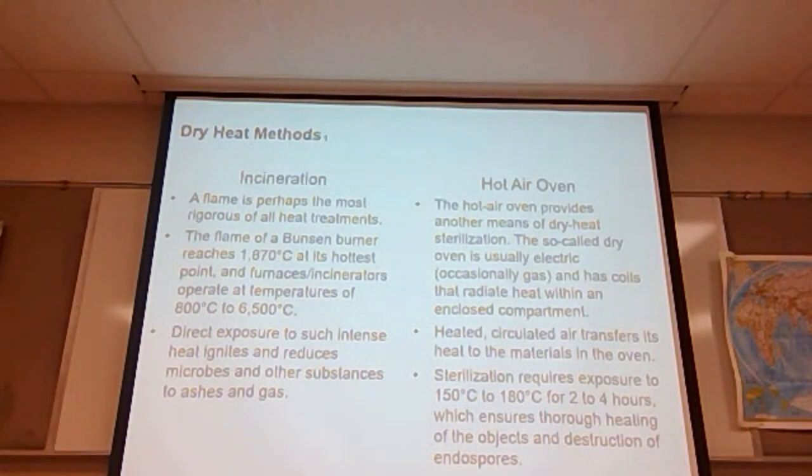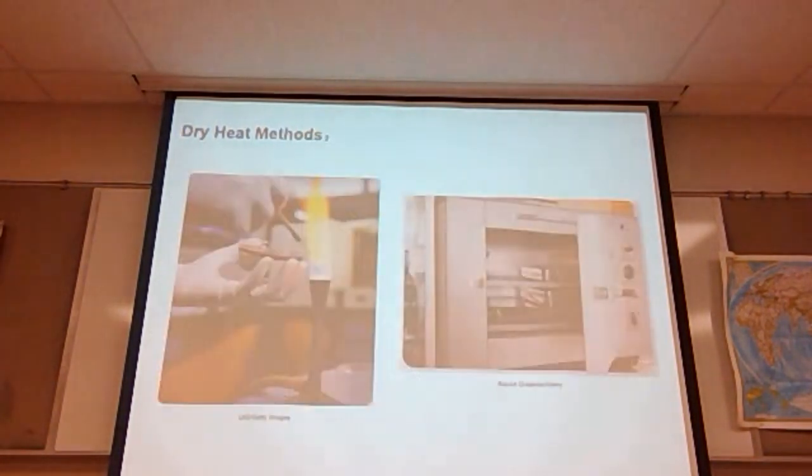Think about the oven on your cook stove at home. That is an example of a hot air oven. Heated and circulated air transfers its heat to the materials in the oven. Sterilization requires a longer amount of time than incineration does, but it ensures objects' thorough heating and destruction of endospores.